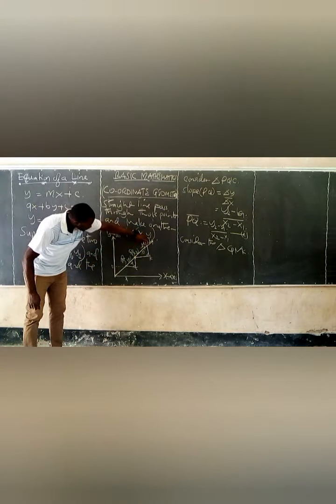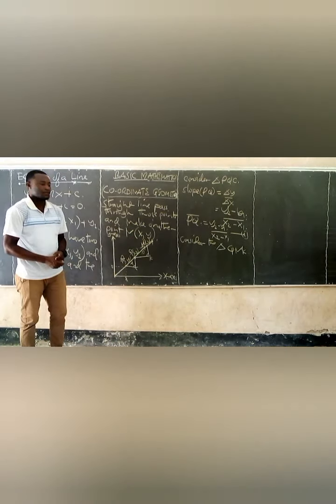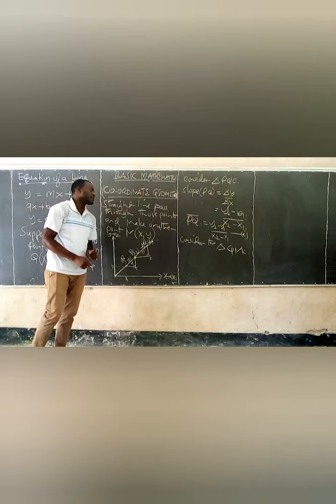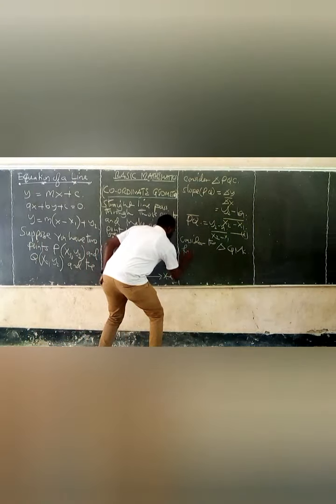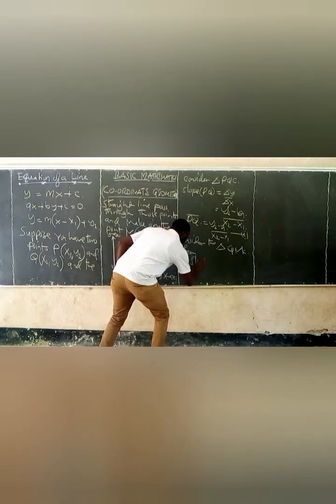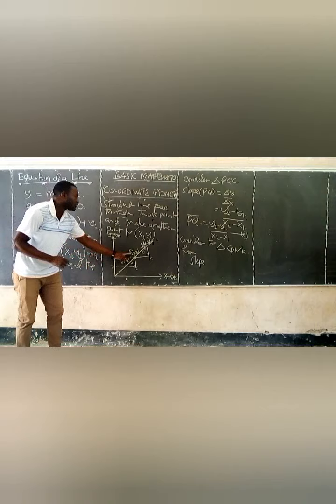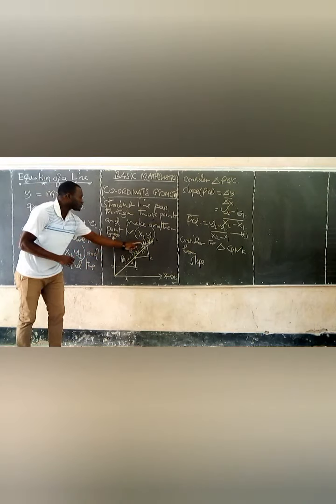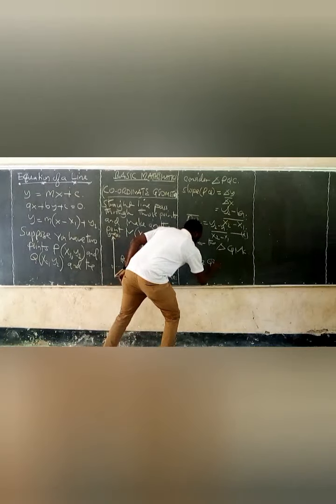The line which joins these 2 points we call a stiffness line. When you say the stiffness line, it means that you are going to determine the slope. But slope from which point to which point? Slope from Q to N.